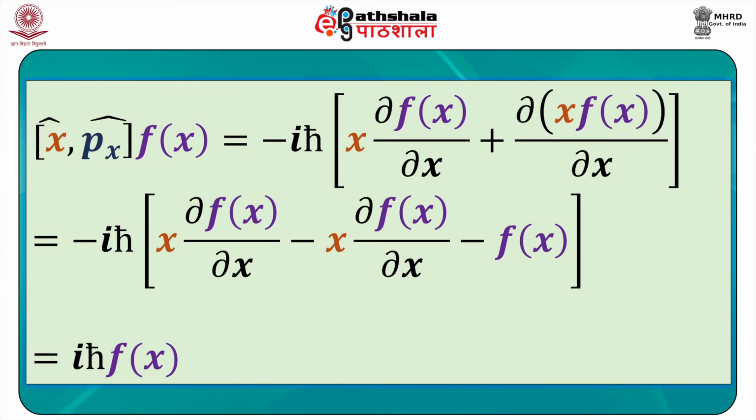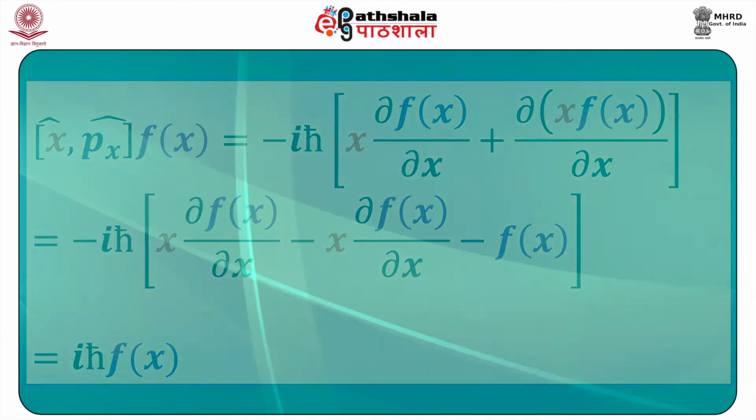So, this means that the position operator x and px, the linear momentum operator in the x direction, do not commute.